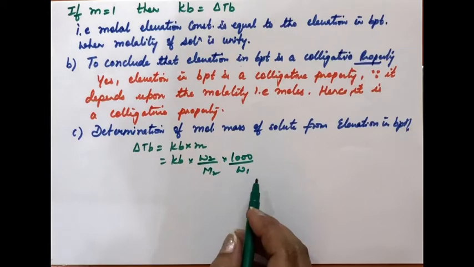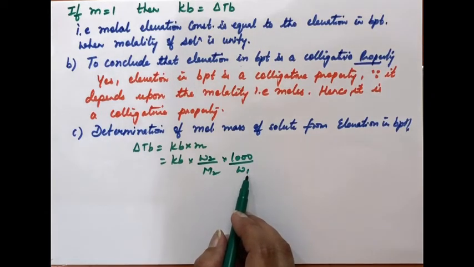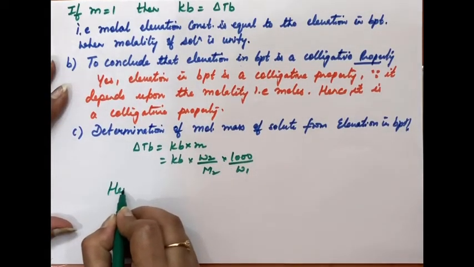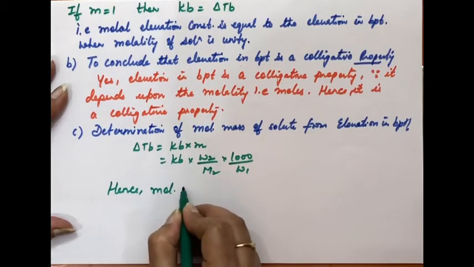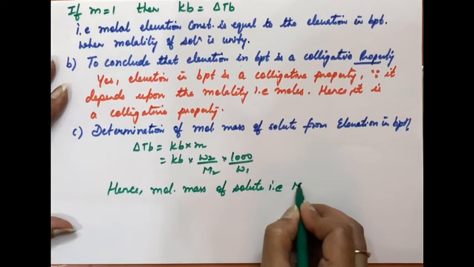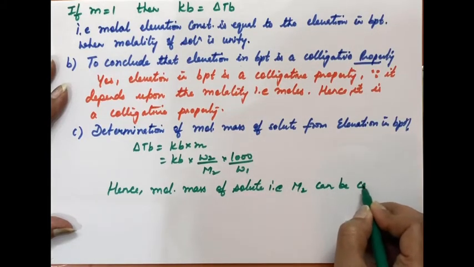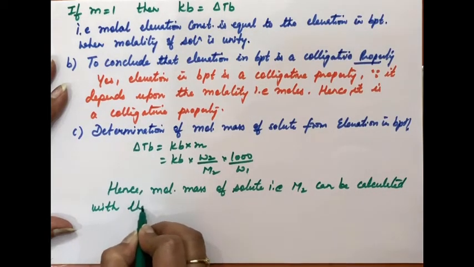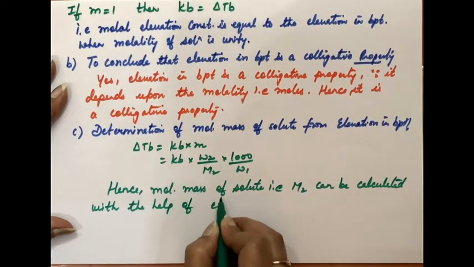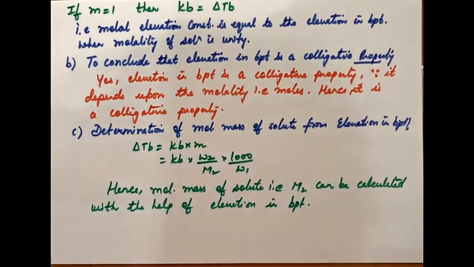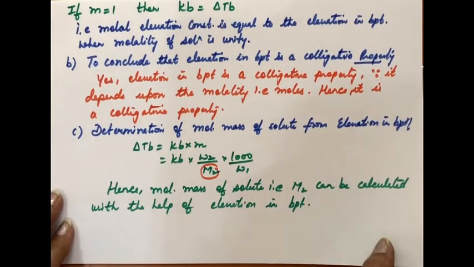And in this entire chapter, as already I told you, we are using subscript 1 for the solvent, and 2 for the solute. Hence, molecular mass of solute, that is M2, can be calculated with the help of this colligative property, that is elevation in boiling point, because in the formula there is M2. So this is about the second colligative property, that is elevation in boiling point.